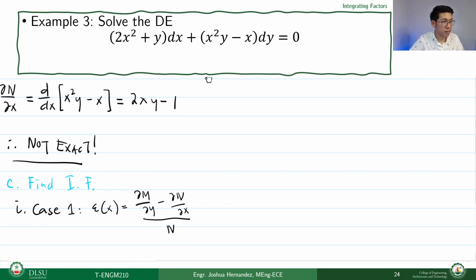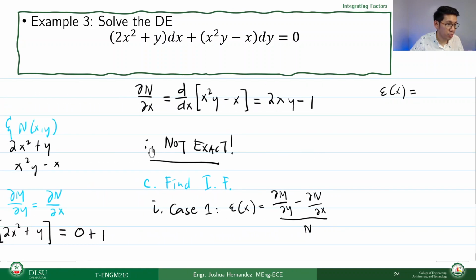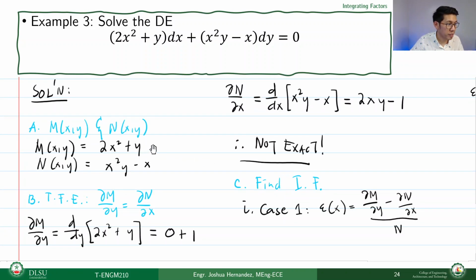So we have epsilon of x equals our partial derivative of m with respect to y, which is actually the one that we have already gotten here. So 2x squared plus y, and our partial derivative, sorry, this is below. 1 is our partial derivative of m, and then 2xy minus 1 is our partial derivative of n.